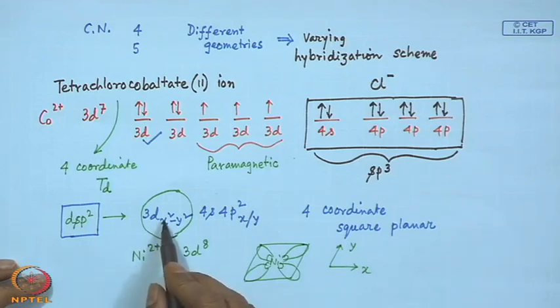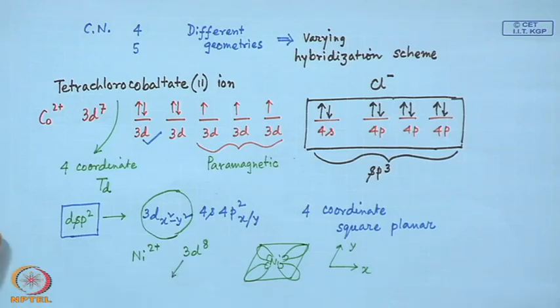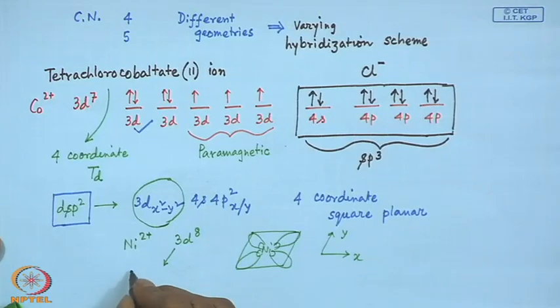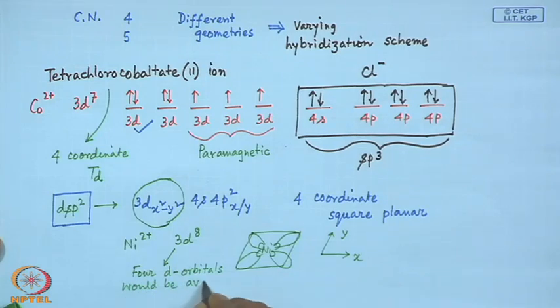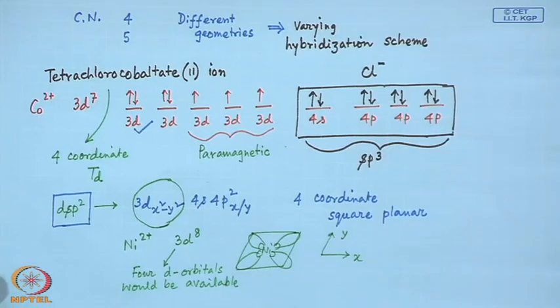So one is out, so we have the remaining 4 orbitals. So remaining 4 d orbitals would be available to accommodate these 8 electrons. So all the levels would be filled.